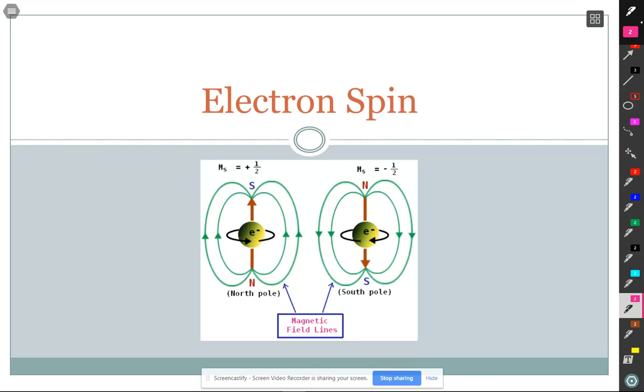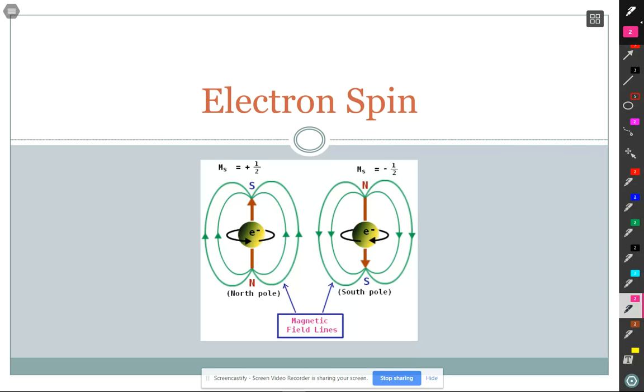And we've already looked at the quantum numbers. We had L. L had values that were 0, 1, 2, 3, 4, 5, right? And then we had M, which I now need to call M sub L, because it's the magnetic number associated with L, that went from minus L to plus L in integers.